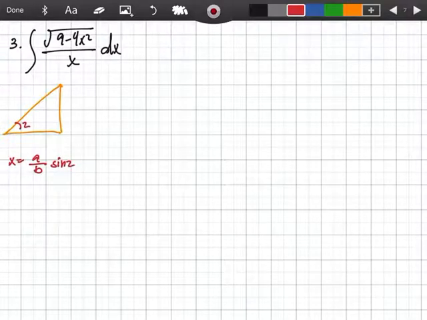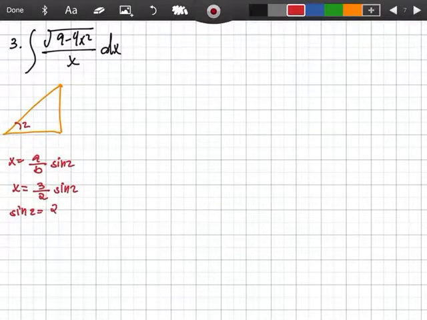So, if a natin is 3 and b natin is 2, sine z is equal to 2x over 3. So, sine is opposite over hypotenuse. So, opposite is 2x and this is 3. So, malamang ito na yung square root of 3 squared minus 2x squared, 9 minus 4x squared. Okay?